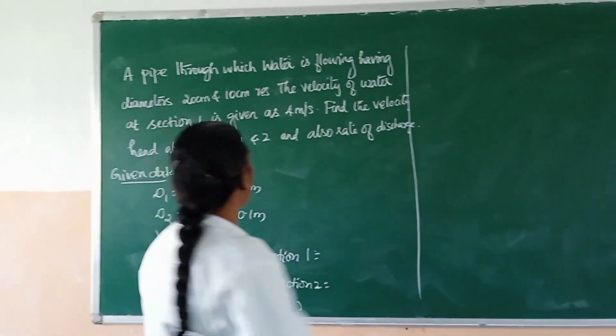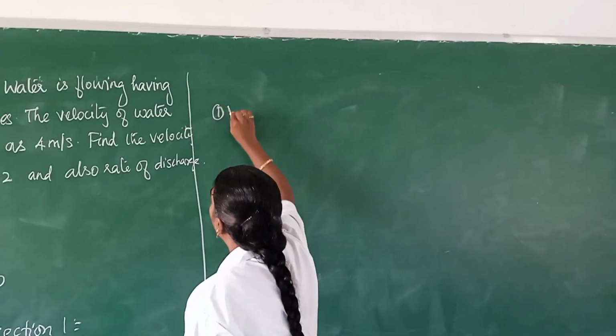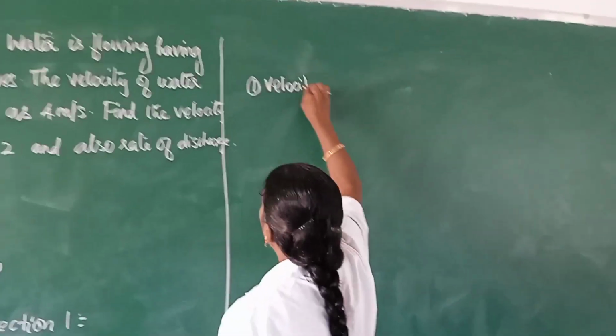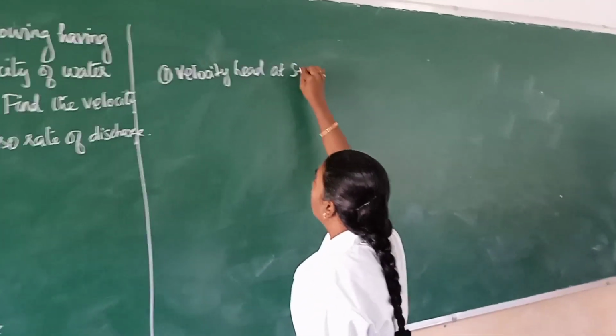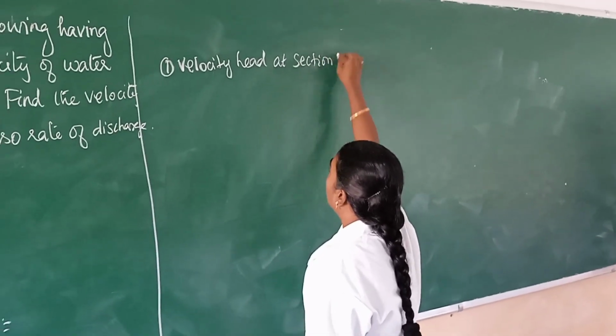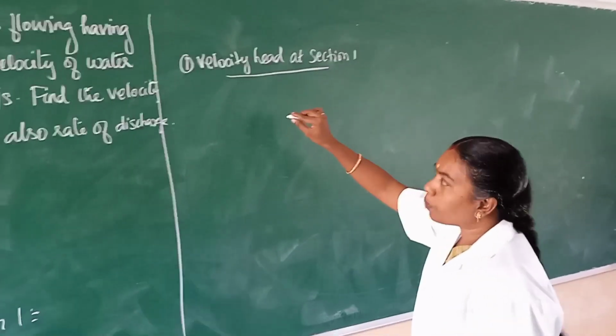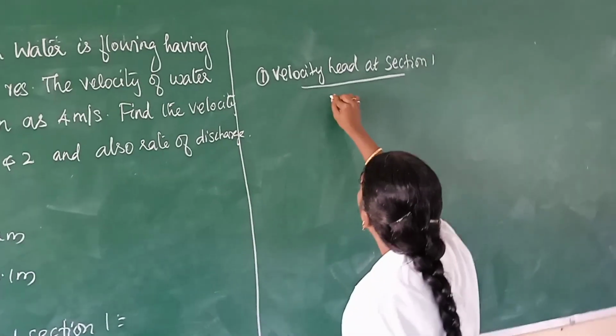First we need to find out the velocity head at section 1, as per the Bernoulli's equation.